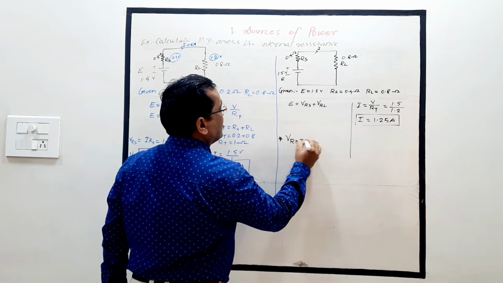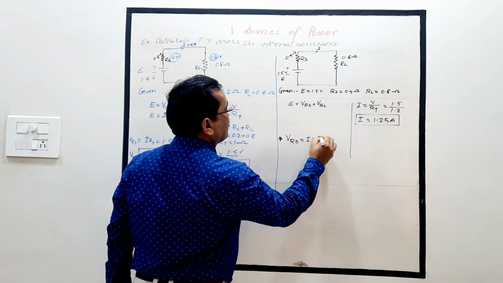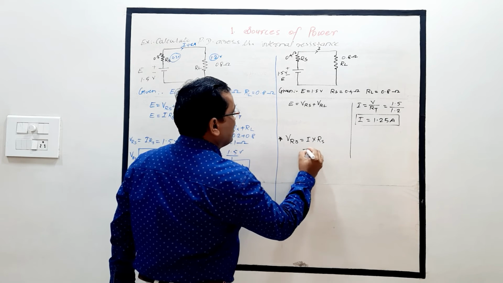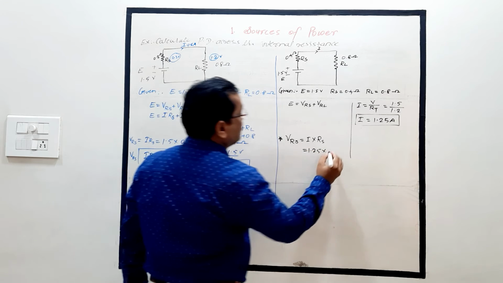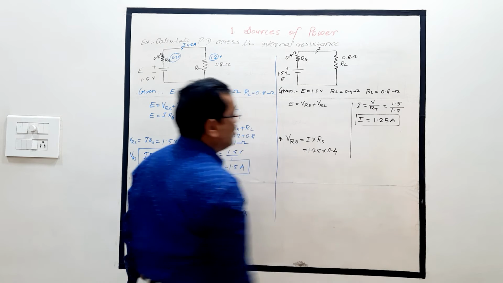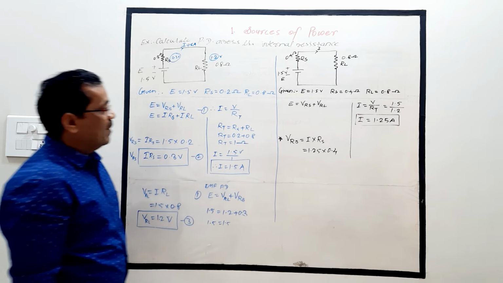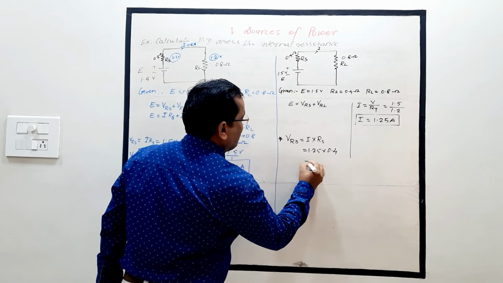First, calculate VRS, I into RS. I is 1.25 and RS is 0.4, which gives 0.5.